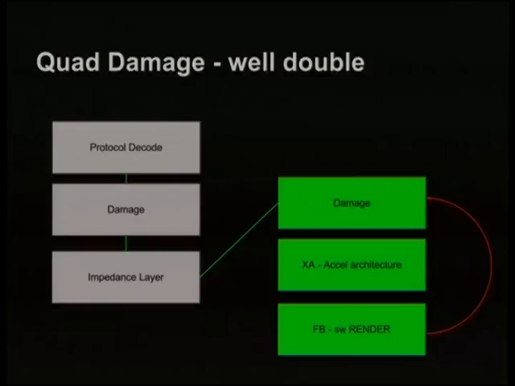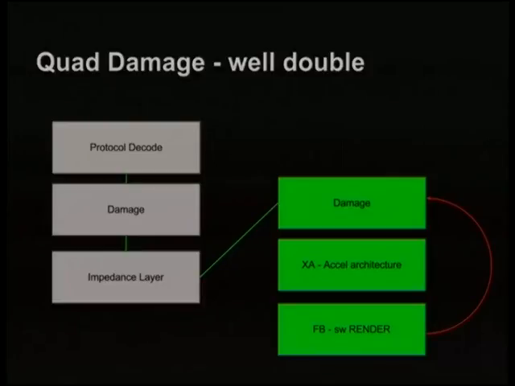So how do we fix this so we can do protocol and GPU objects? Well, it's a computer problem, so we just stick another layer of abstraction in. So I introduced this thing called the impedance layer. Basically the impedance layer's job in this case is to try and separate those worlds. And you'll notice quad damage isn't really quad, there's two damages.